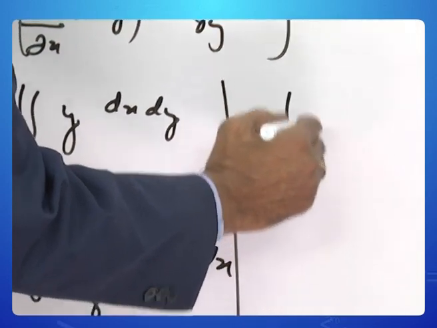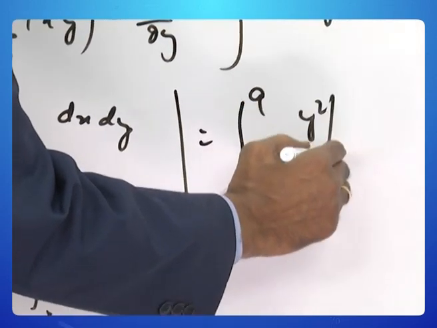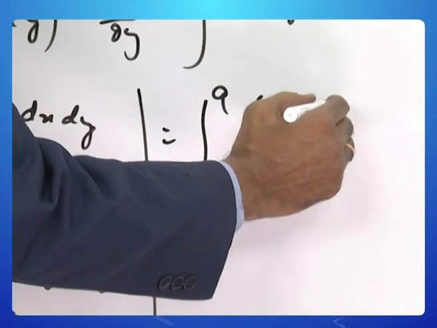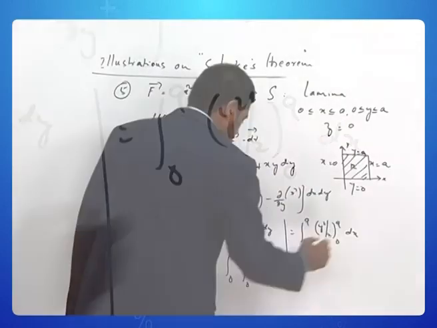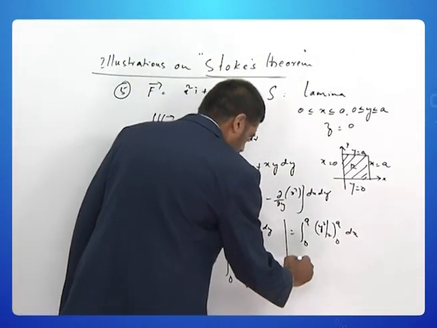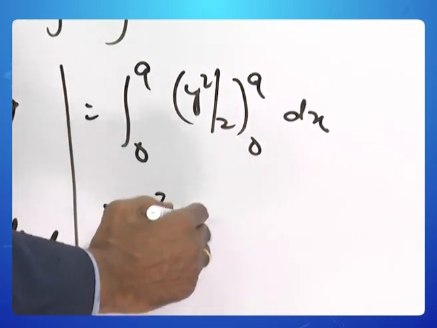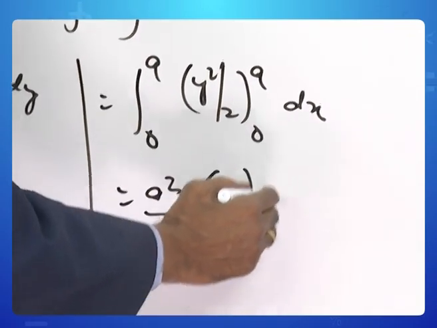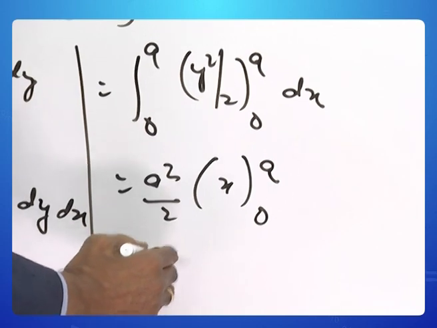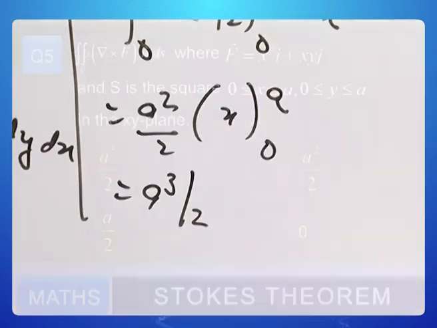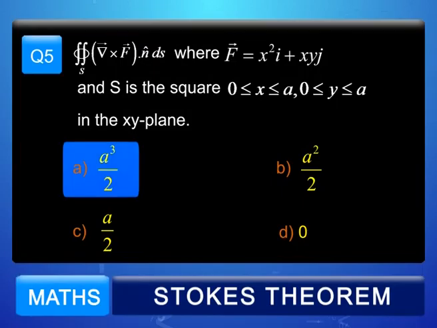So this is 0 to a, y square by 2 from 0 to a dx, a square by 2 into x from 0 to a, so that is a cube by 2, and you can see that option A is the correct option.